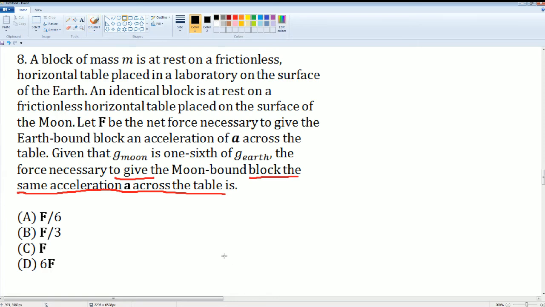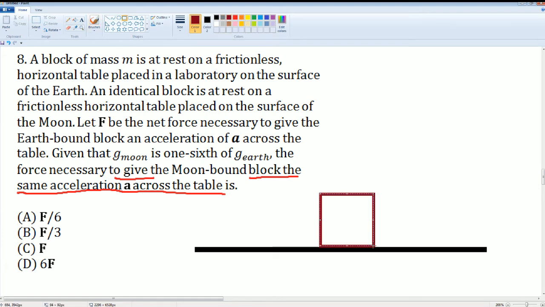What they're talking about is a horizontal surface with a block, and they want to know about the gravitational force. This is the force of gravity here.